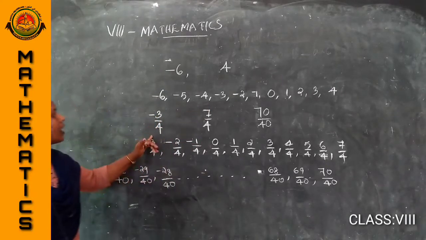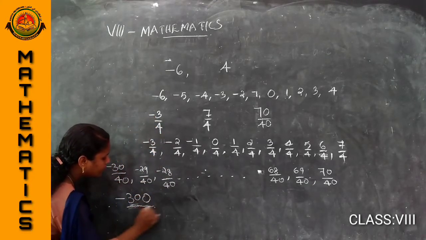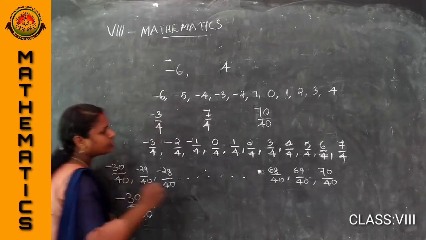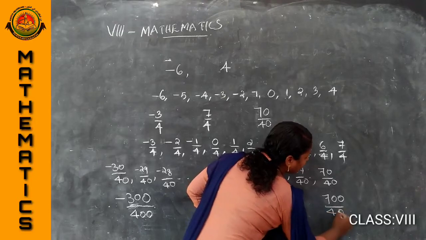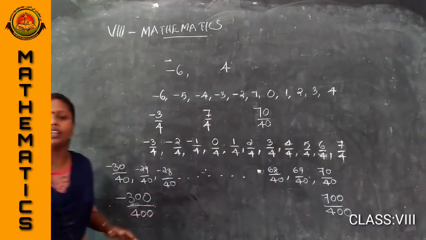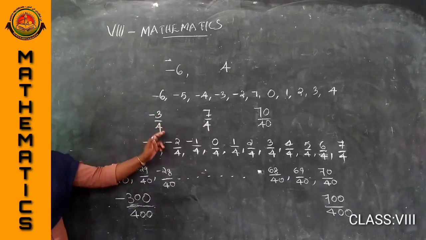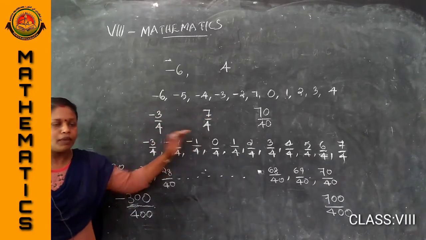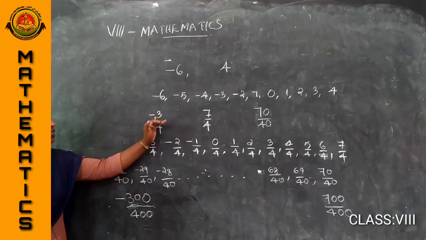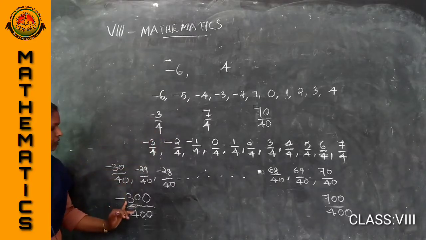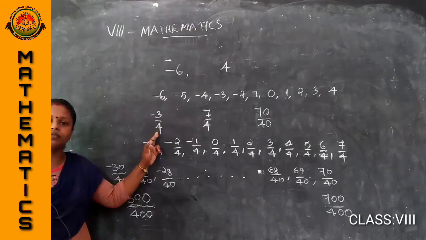And we can also rewrite -3/4 as -300/400 and 7/4 as 700/400. Here also we will get many rational numbers in between -3/4 and 7/4, because -30/40 is equal to -3/4, and -300/400 also is equal to -3/4.